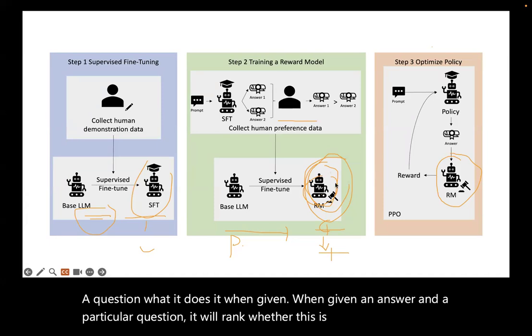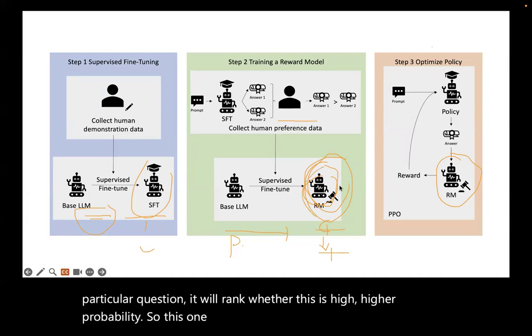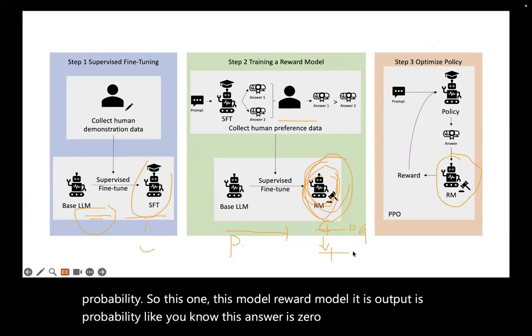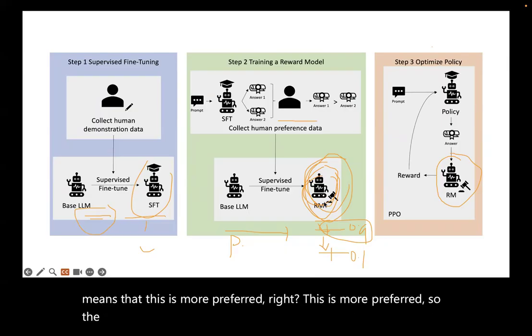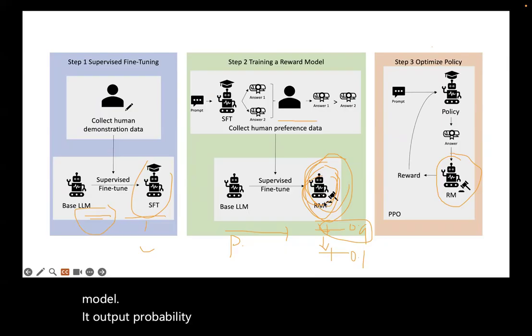Its output is a probability, like this answer has 0.9, this one is 0.1, which means this is more preferred. So the reward model outputs the probability of what is most highly likely.